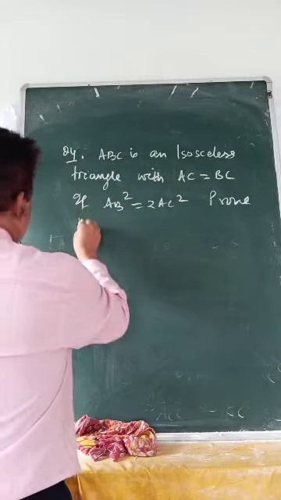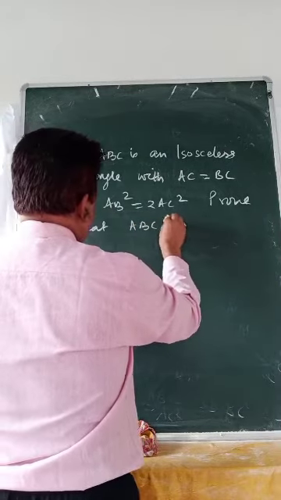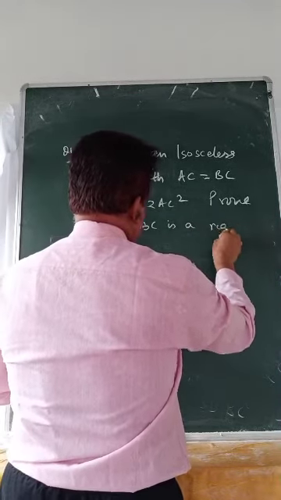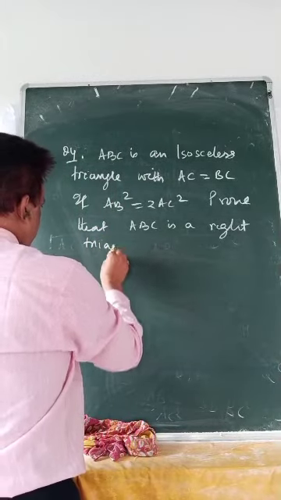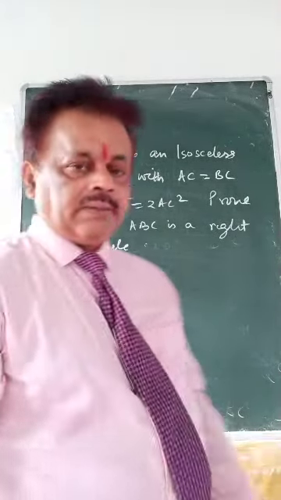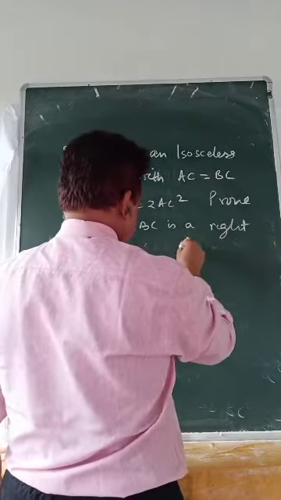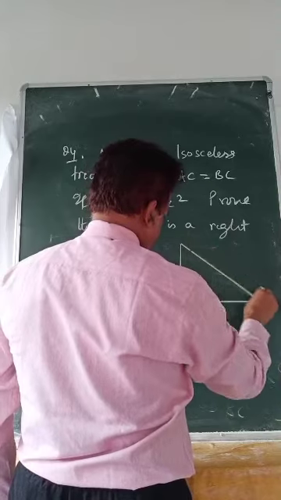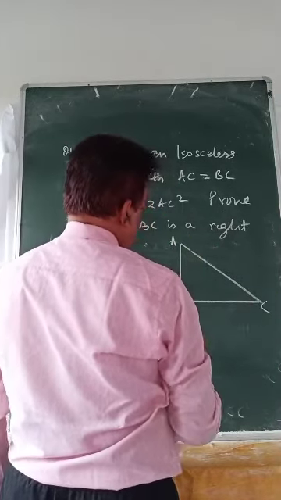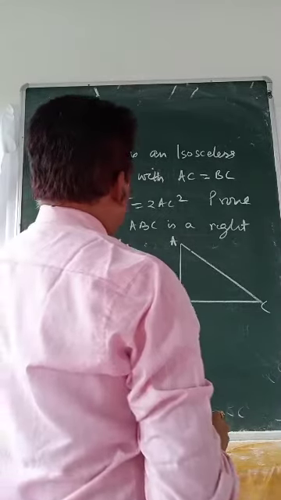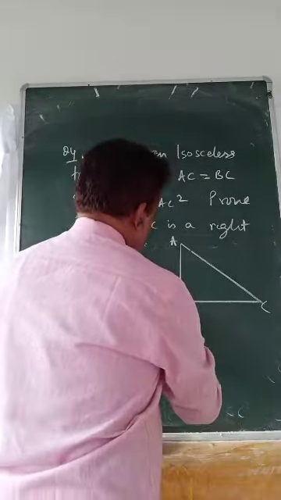Prove that it is a right angle. Okay. AC is equal to BC.